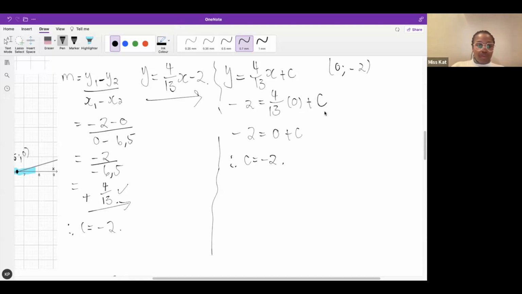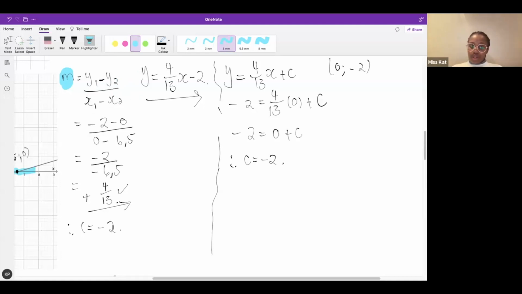Ma'am, why don't we find x? Why do you want to find x? We want the equation of the graph, remember? Narisha says, where do we get 4 over 13? We did a calculation for the gradient. Narisha, look over here. The y for one coordinate minus the y for the other coordinate divided by the x coordinates.